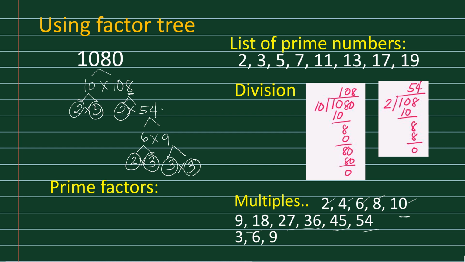So our prime factors are 1, 2, 3, 3 pieces of 2, and 3 pieces of 3, and number 5. So these are now the factors of 1080.